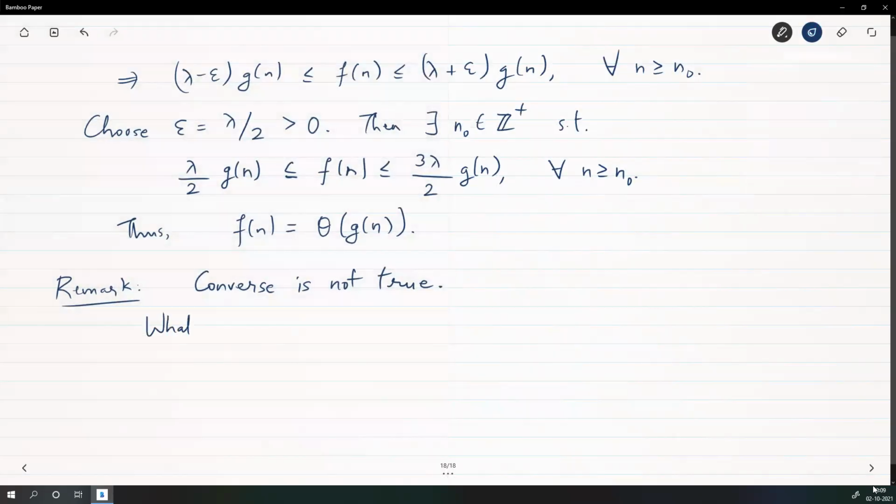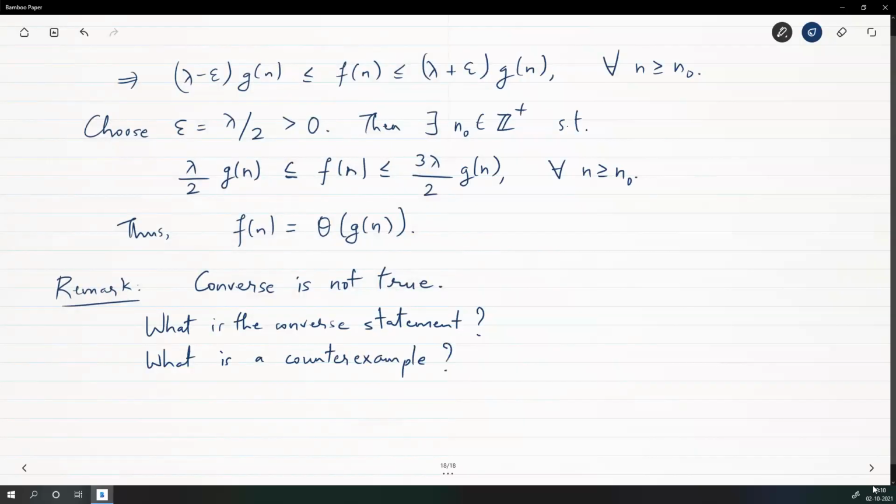What is the converse statement, and what is the counterexample? There could be many. Just try and find one. These two are also exercises.